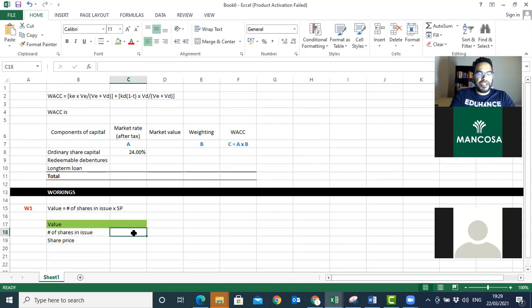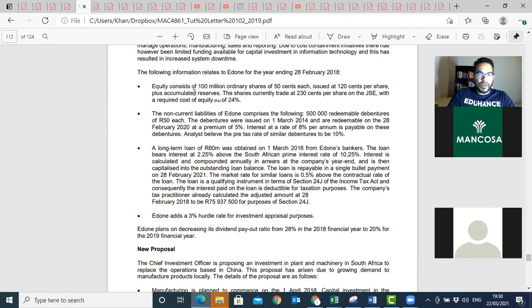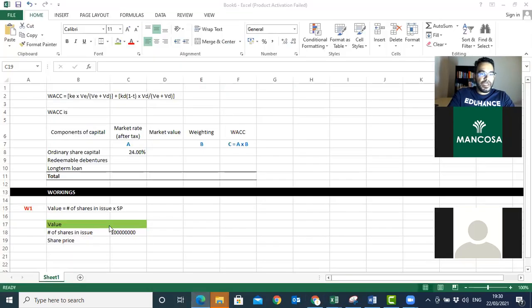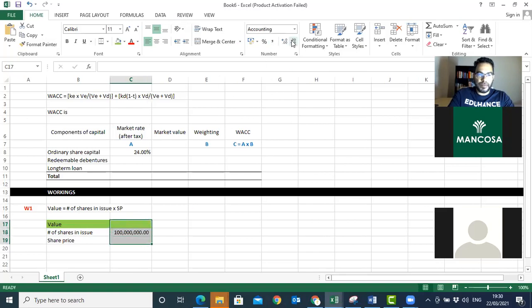The number of shares in issue was given to us as 100 million. Let's go have a look quickly. There we can see equity consists of 100 million ordinary shares, with the share price currently trading at 230 cents. I'm going to check that it's 100 million. Yep.